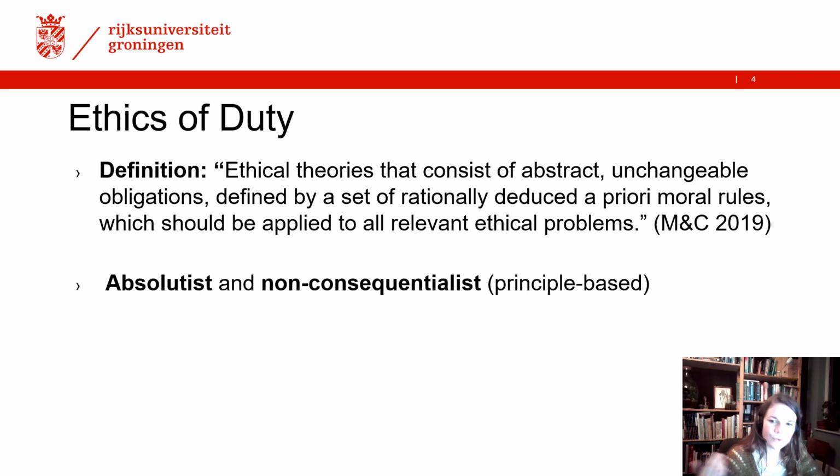So it's an ethical theory that consists of abstract, unchangeable obligations. And this refers to the absolute nature of ethics of duty, right? It's an absolutist theory. So the obligations are rules. They are things that we need to abide by, right? So I might tell you that you need to work on a certain assignment.